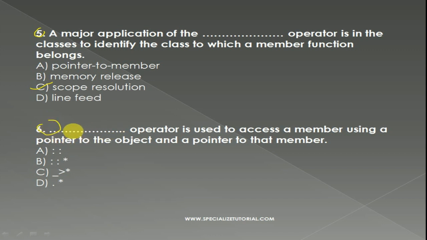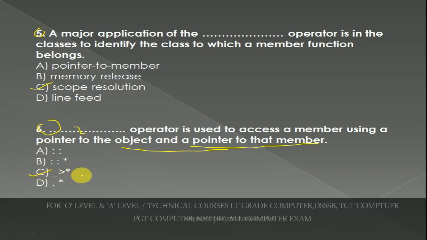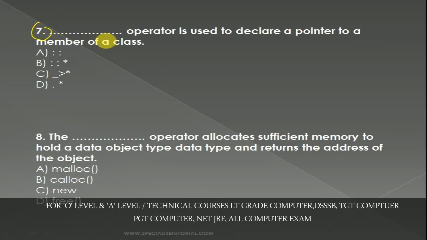Question number 6: what operator is used to access a member using a pointer to the object and a pointer to the member? So C is the operator used to access a member using a pointer to the object and a pointer to the member. This one is not it, because that is the scope resolution operator. Now question number 7: what operator is used to declare a pointer to a member of a class?